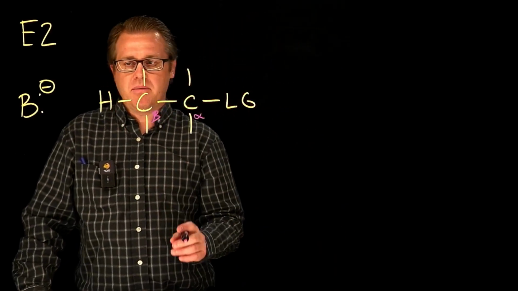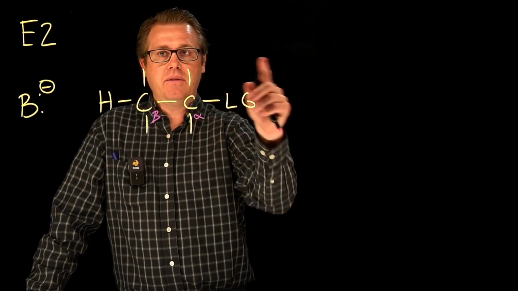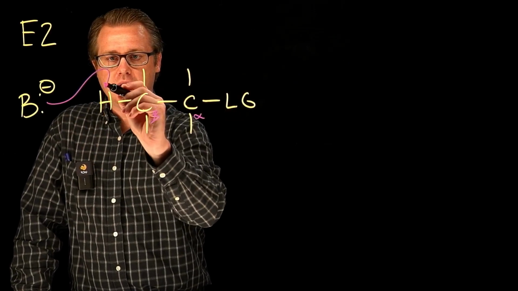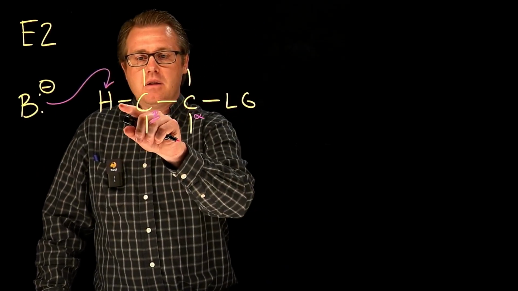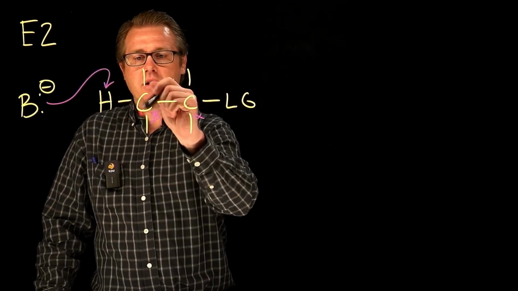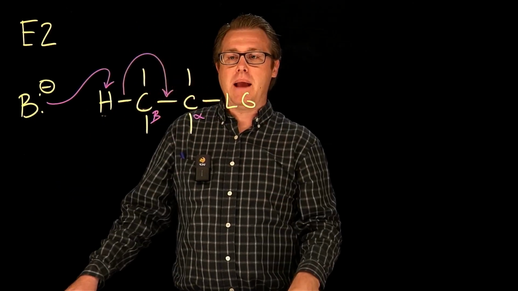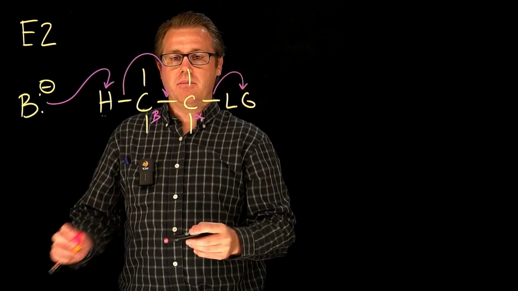Because what's going to happen mechanistically is the base and the leaving group, and watch this, we'll just draw it here. So the base comes and does what bases do. They abstract the proton. The 2 electrons in this hydrogen-carbon bond are going to then come and be donated in between the alpha and the beta, and then that's going to kick off the leaving group.